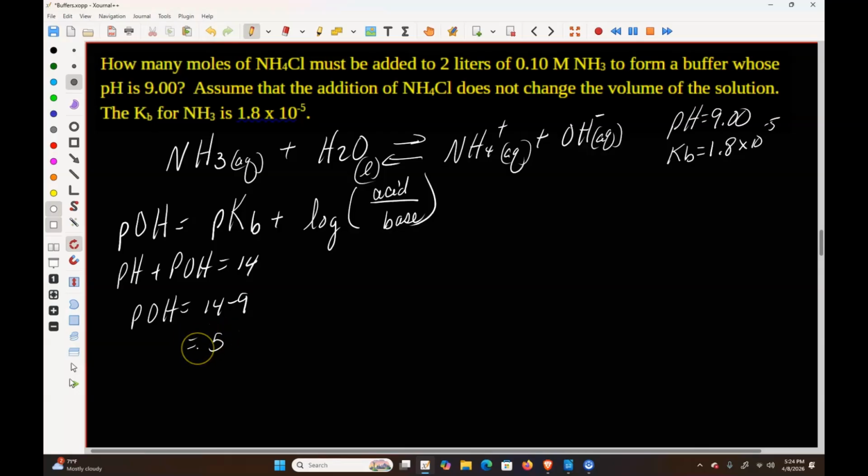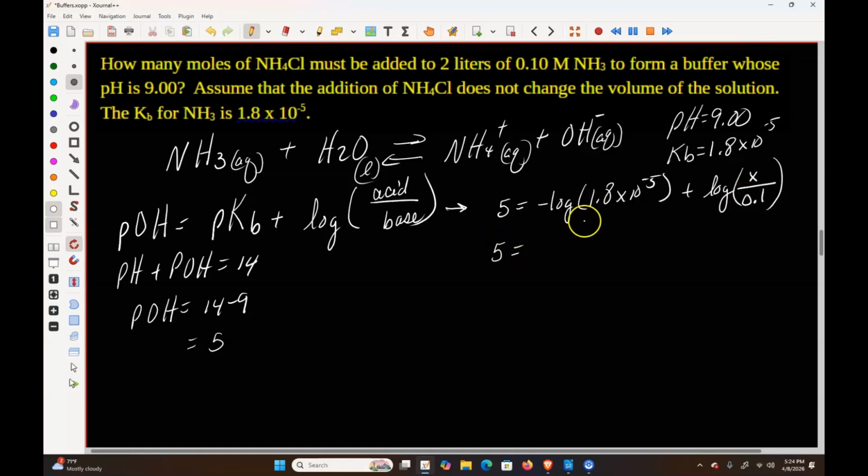So that's going to be 5. 5 is equal to the negative log of the Kb, 1.8 times 10 to the negative 5, plus the log. Okay, I do not know the acid, but I do know the base is 0.1. So this is 4.74.